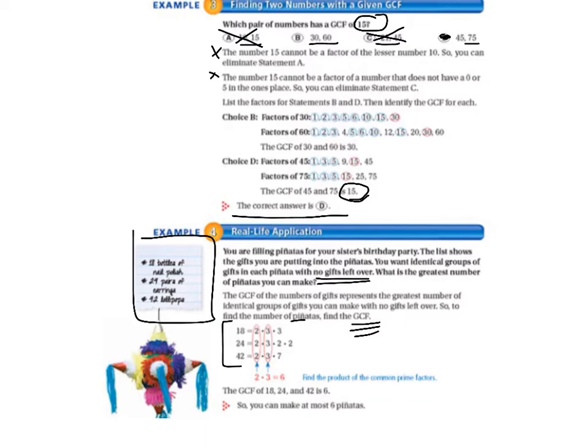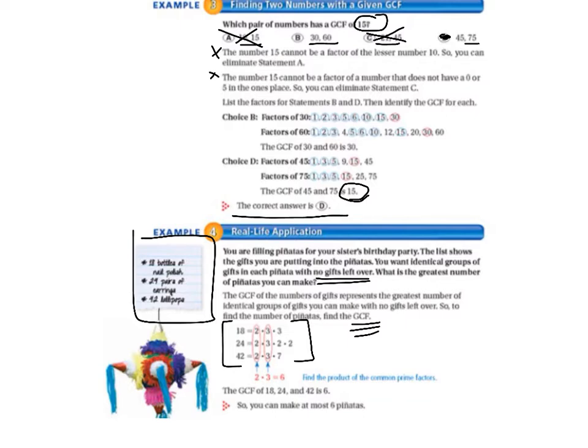The book cut to the chase, and they went ahead and gave you the prime factorization for each of these numbers. So the prime factorization for 18 is 2 times 3 times 3. You can check that by multiplying. 2 times 3 is 6, times 3 is 18. And the prime factorization for 24 is 2 times 3 times 2 times 2. And 42 is 2 times 3 times 7.